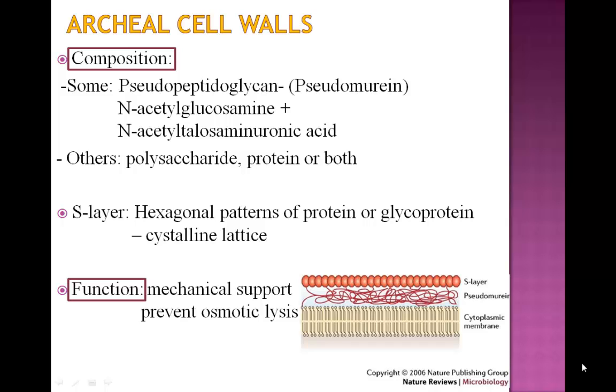Other archaeal cells may have polysaccharides, proteins, or both. Some archaeal cells contain the S layer, which is a hexagonal pattern of protein and glycoprotein. The function of archaeal cell walls is mainly mechanical support and prevention of osmotic lysis.